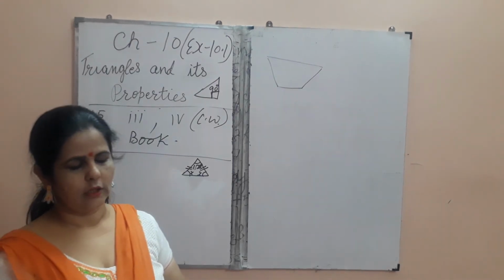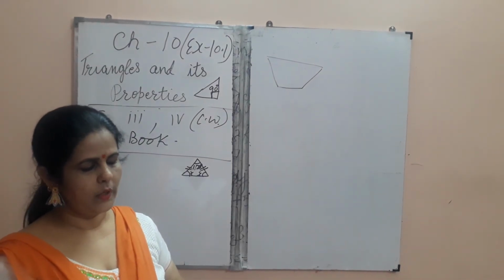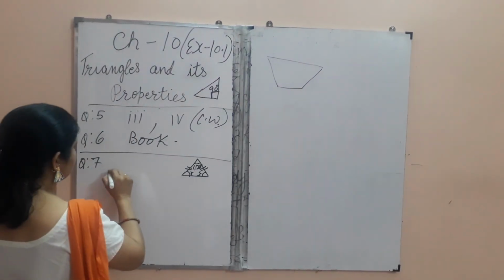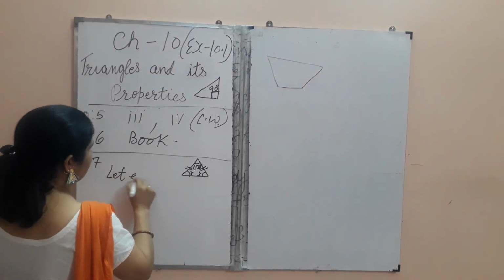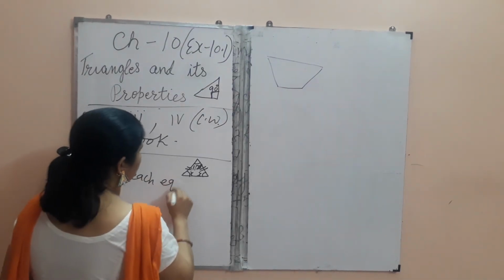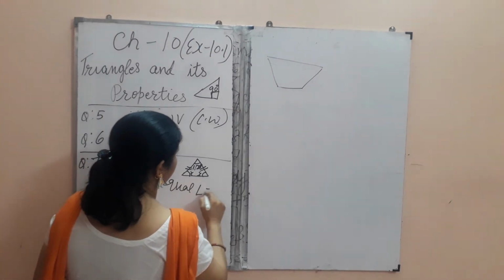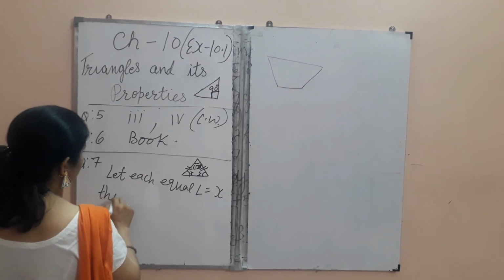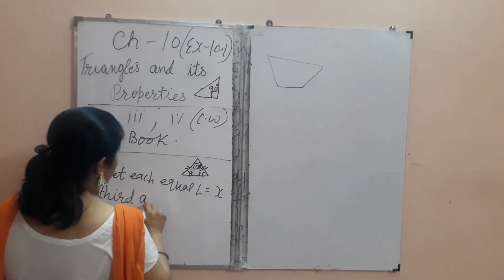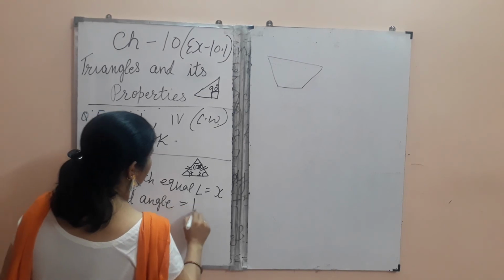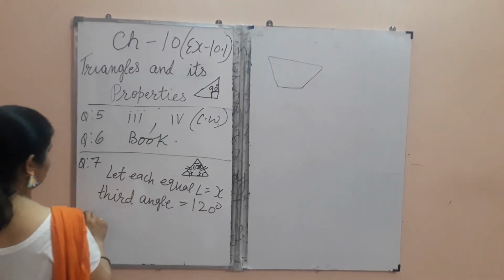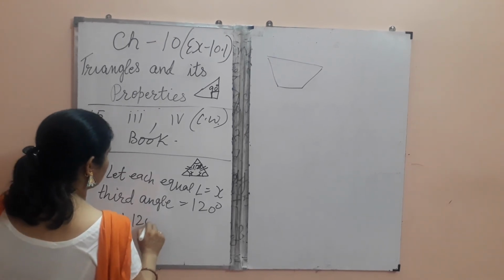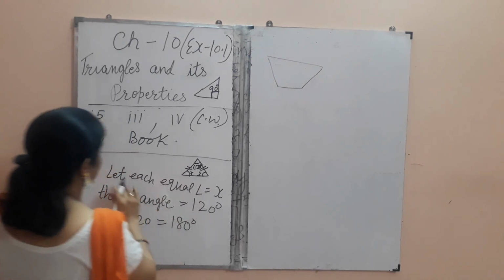So if one of the angles of an isosceles triangle is 120, find the remaining two angles. So let each equal angle be x degrees, and the third angle will be 120 degrees.